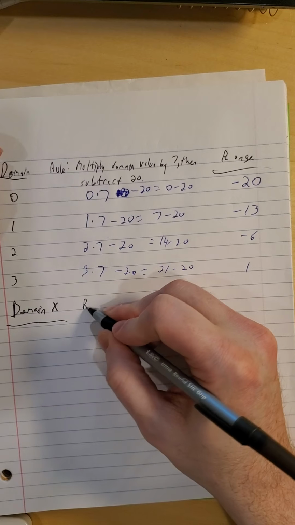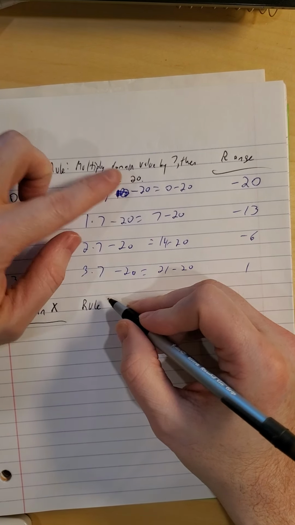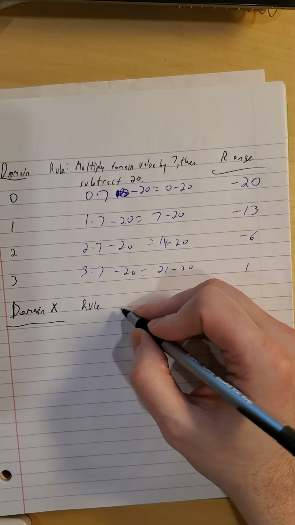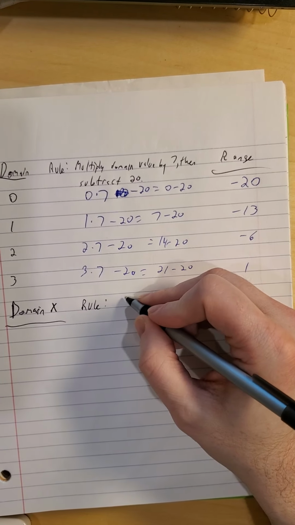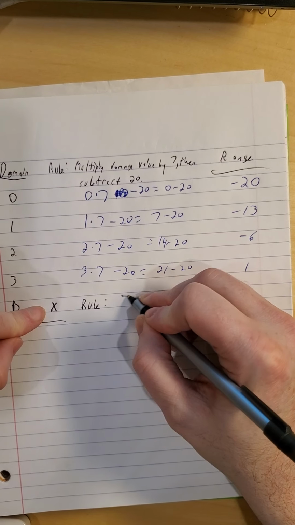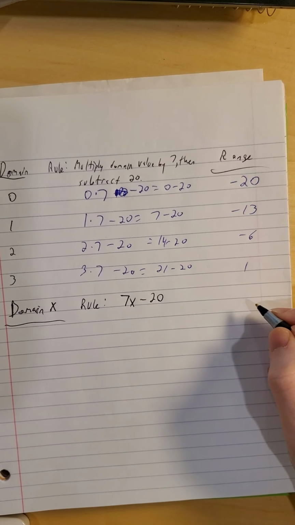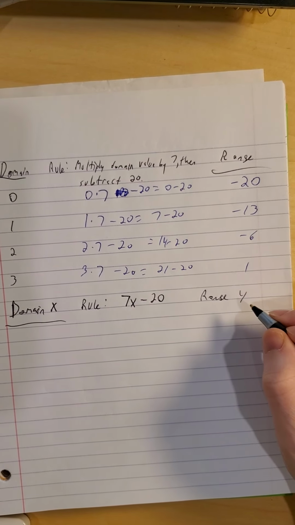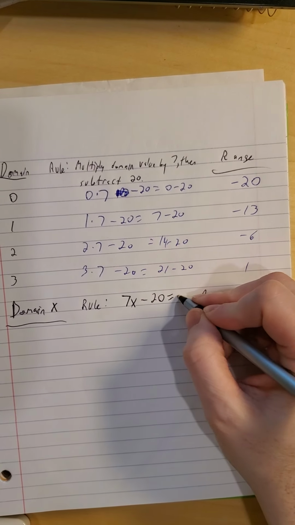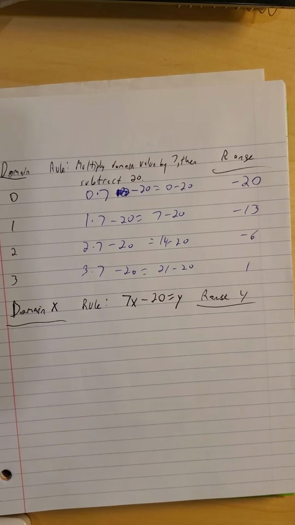So our rule would also be written in symbols instead of this long drawn out description we have here. So multiply the domain value by 7, then subtract 20. And our range value, typically we would call that a y, so we'll say that will be our y. That will equal our range value.